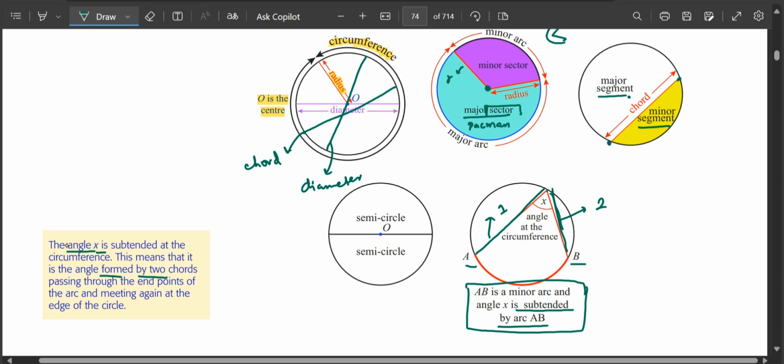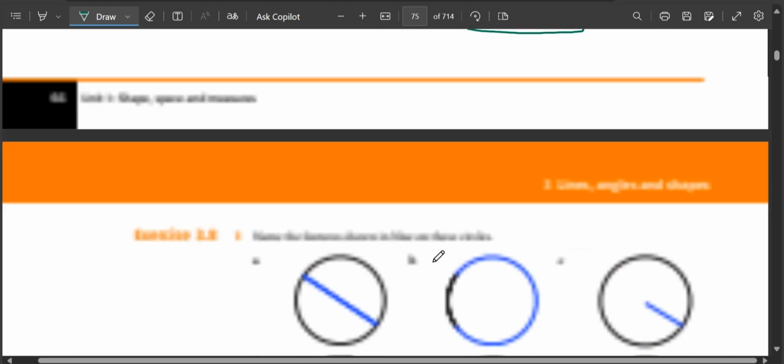Passing through the endpoints of the arc, this is the arc, right? इस arc के end points पे वो meet कर रहे हैं यहाँ पर, और वो दोबारा meet कर रहा है एक edge पे, इस edge पे, this is the edge, this is the point जब AB हमारे पास minor arc होगा और angle x जो है वो subtended हुआ है by arc AB. I hope this is clear.